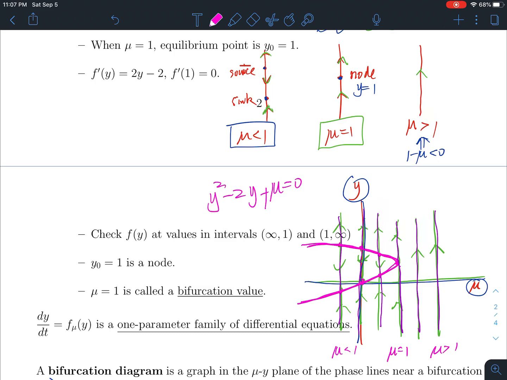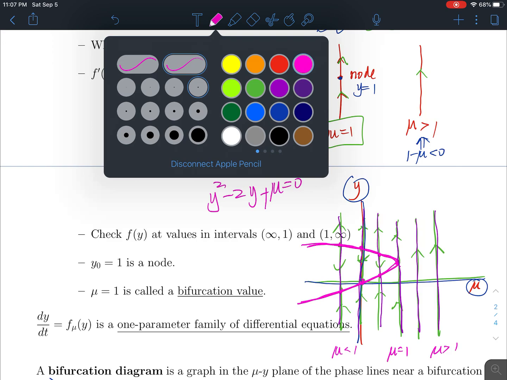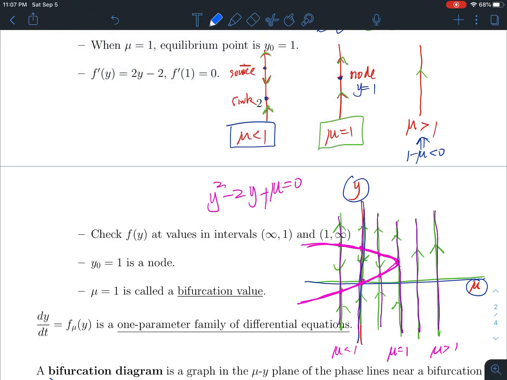From this diagram, you probably see that the number of equilibria changes dramatically, from 2 equilibria, to 1 equilibrium at mu equal to 1, and then to 0 equilibria.